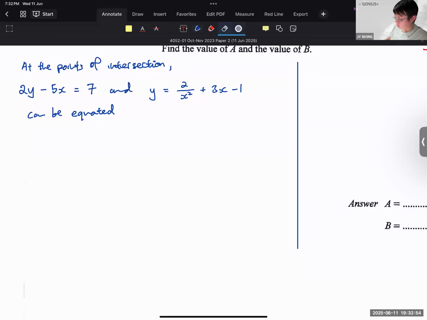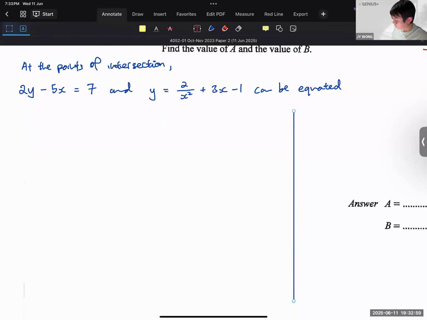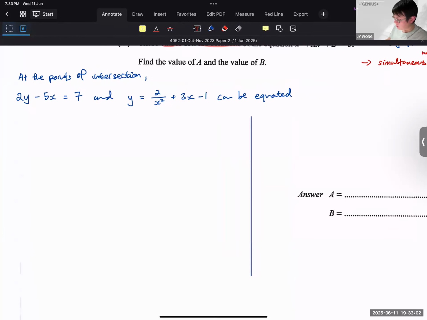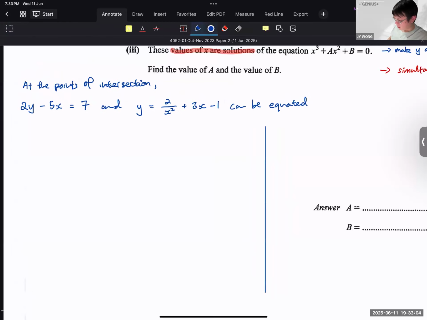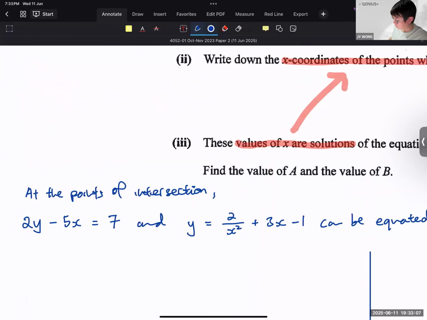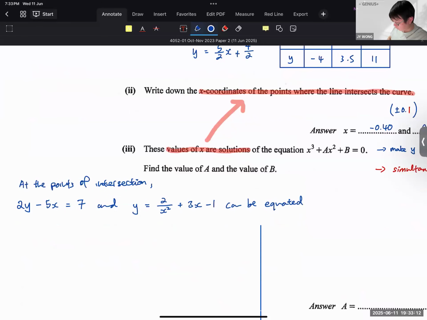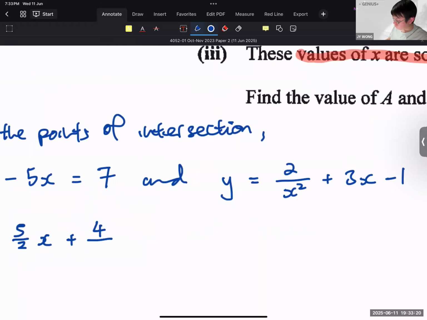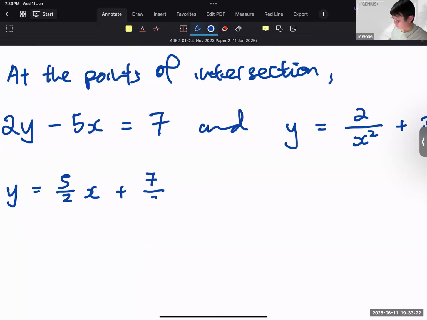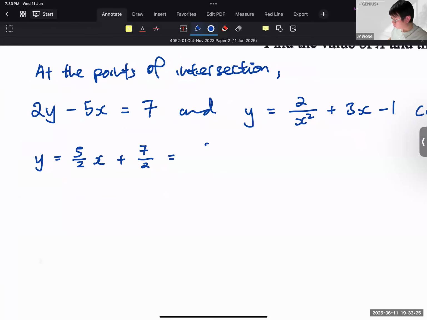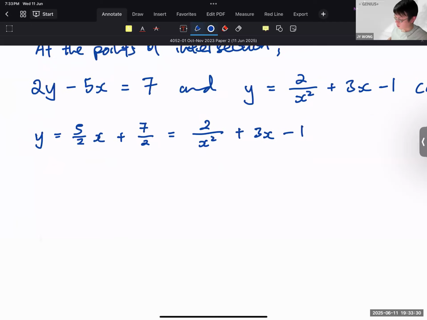So if they can be equated, what does that mean? It means that because I already found y equals mx plus c in the previous part, I will have y equals 5 over 2 x plus 7 over 2, which is also equal to 2 over x squared plus 3x minus 1.